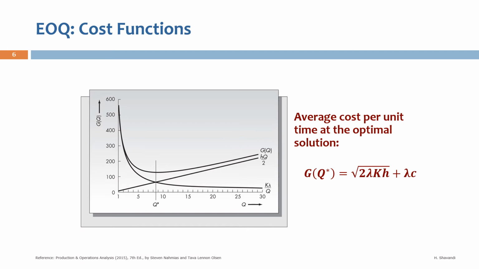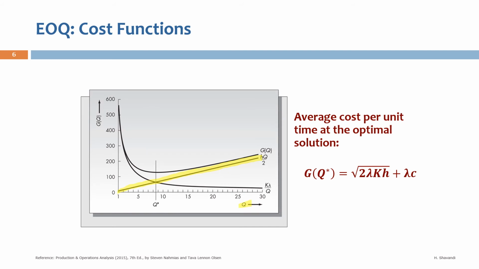Here I'm going to show you how we make the trade-off between the inventory holding cost and the inventory ordering cost in order to obtain the optimal level for Q. I see here H times Q over 2, which is the average inventory holding cost, is increasing in Q in linear form.